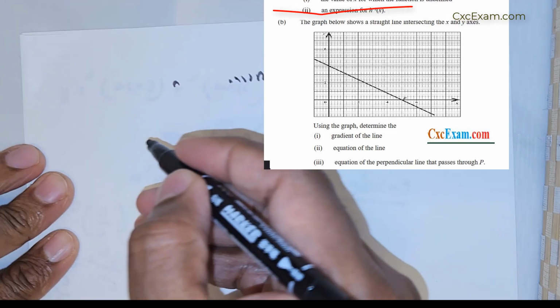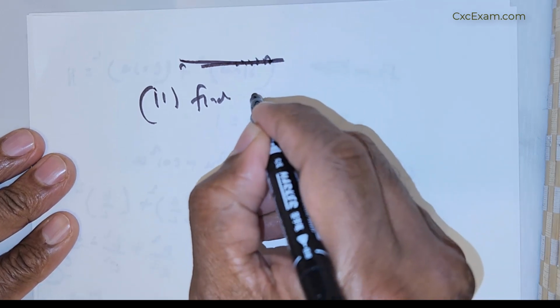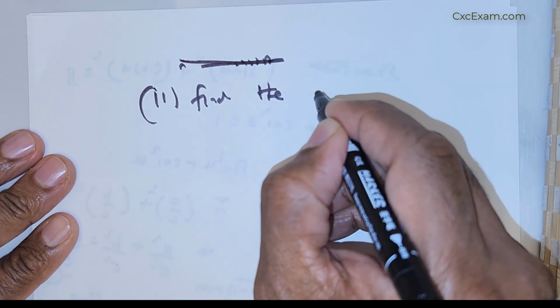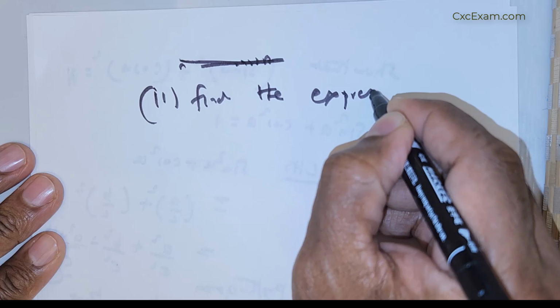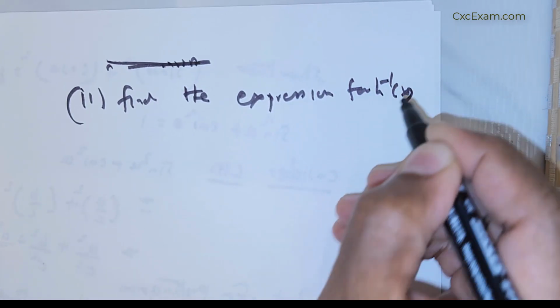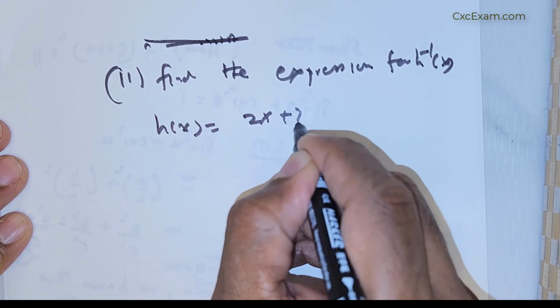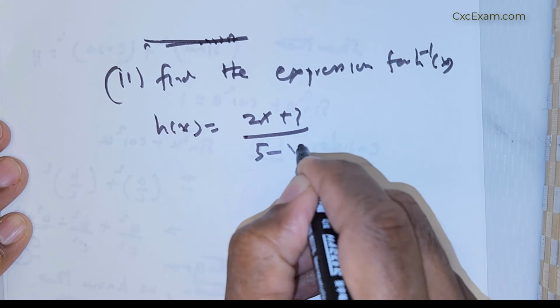The next question, question 2, is asking us to find the expression for h inverse of x. Now h of x is given as (2x + 3) over (5 - x).